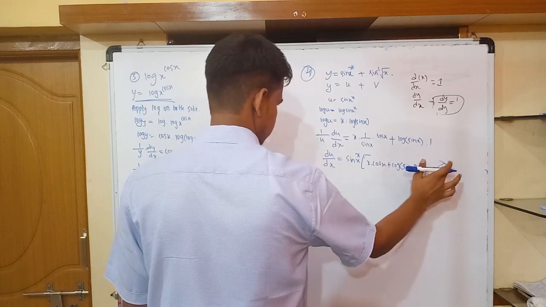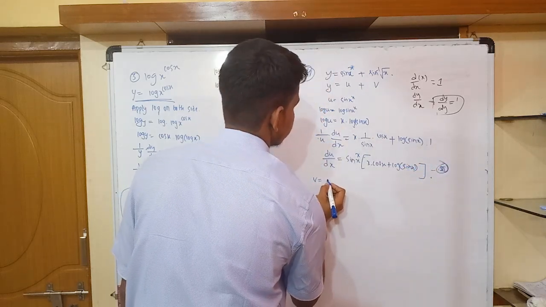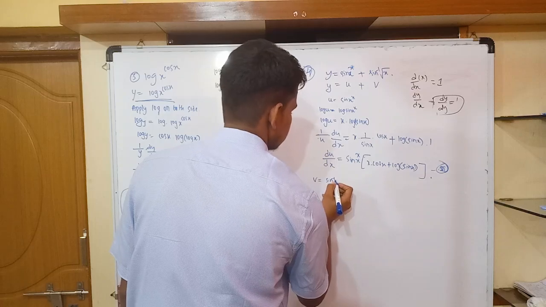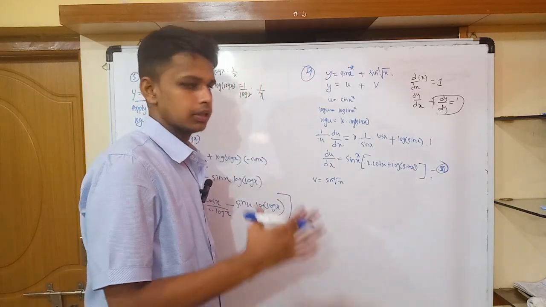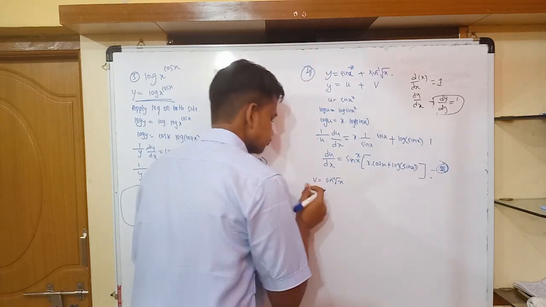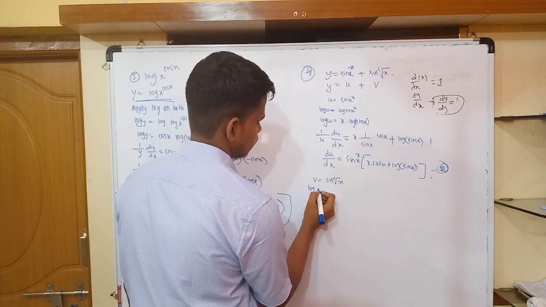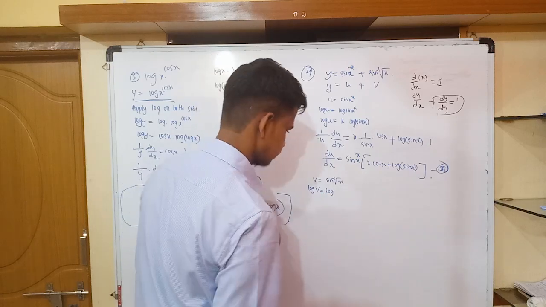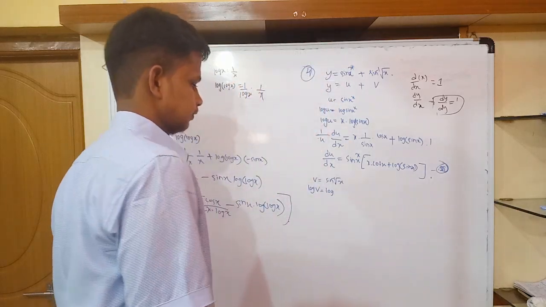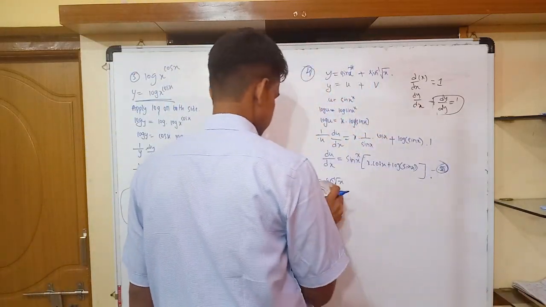Here p equals the function sin inverse root x. For the derivative of sin inverse root x, I think there is no need of applying the log. We can find it very easily.